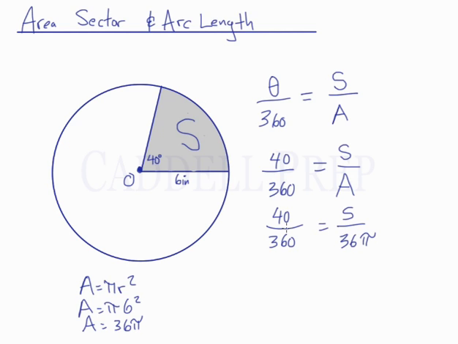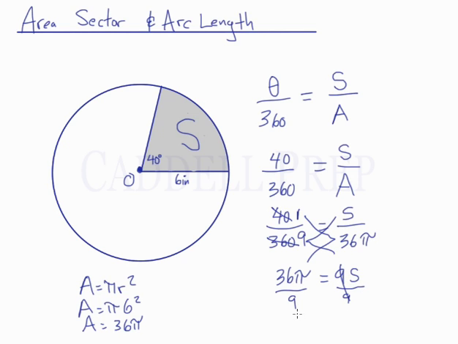Okay, before I cross multiply, I'm actually just going to reduce this. So 40 over 360 is the same as 1 over 9. And now I'll cross multiply. 1 times 36 is 36 pi. S times 9 is 9S. So solving for S here, I'm going to divide both sides by 9.